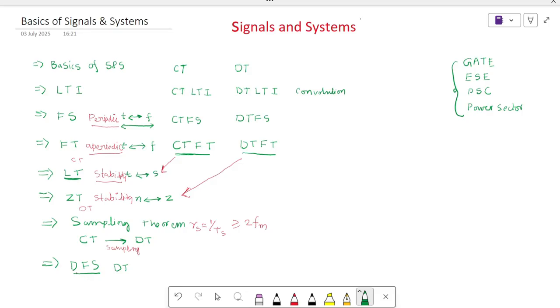The major difference is that in the DTFS, the x of n has infinite length.